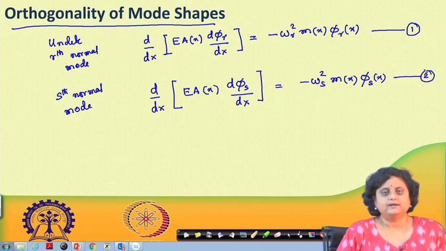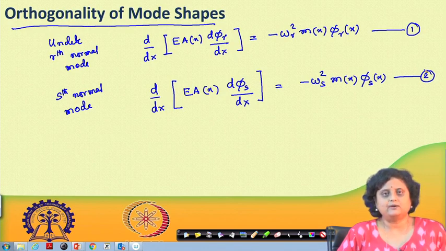Now, please notice that unlike the previous case where we have assumed a rod having a uniform cross section, so that E A and m was not a function of x, but rather a constant, we have removed that assumption for this derivation. So, in this derivation we are going to derive the orthogonality for any arbitrary non-uniform distribution of E, A and m x. So, we are no longer putting the constraint that the area is uniform, the Young's modulus is uniform with x and the mass distribution is uniform.